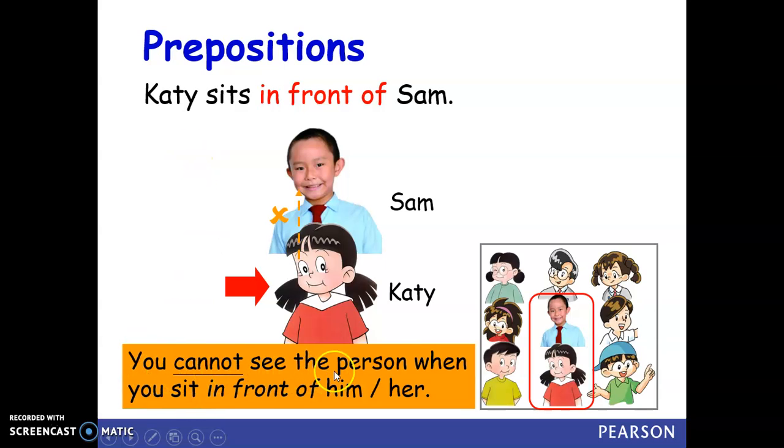You cannot see the person when you sit in front of him or her. Unless you fully turn your chair around, turn your head around, you cannot see them if you are sitting in front of him or her. So we use this preposition in front of for the person who sits at this first place.